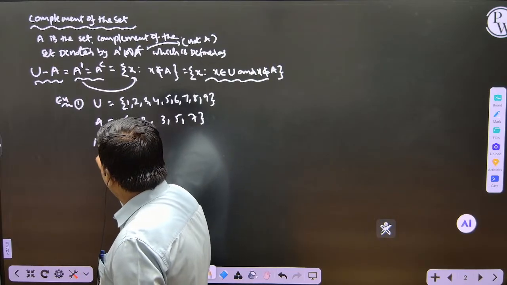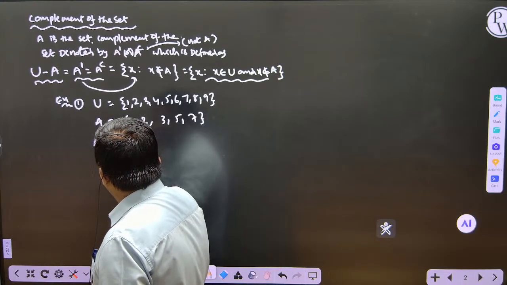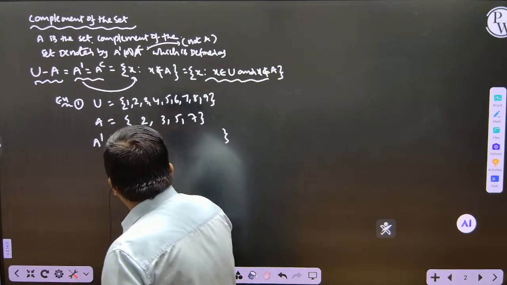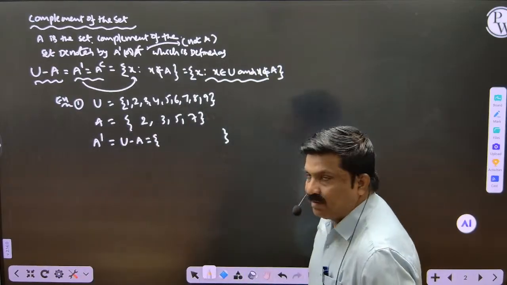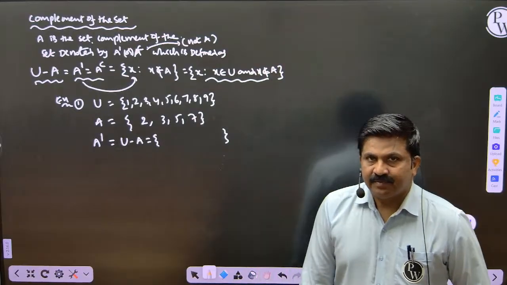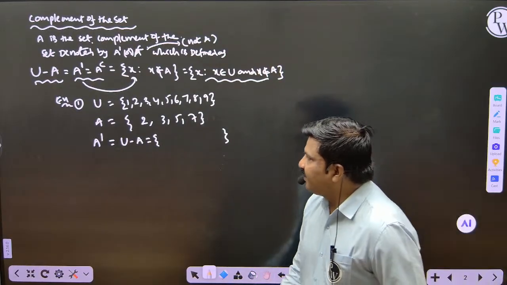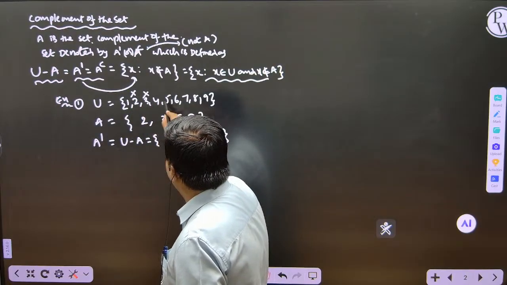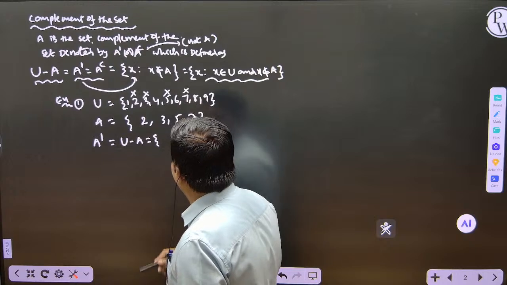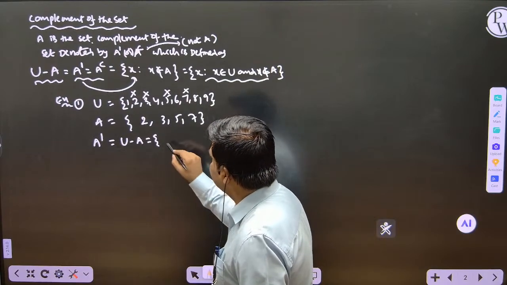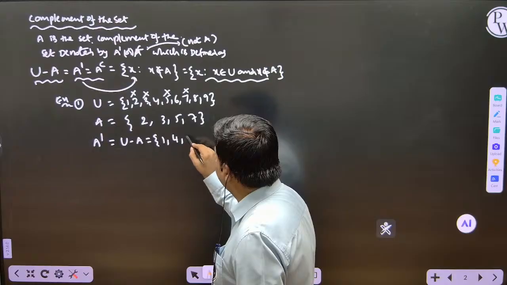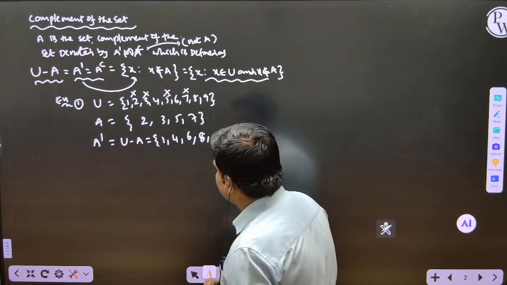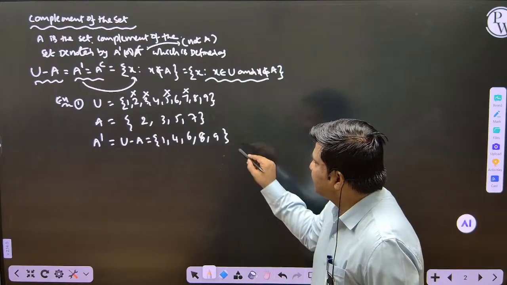A complement means from the universal set you delete the elements of A. What are the elements of A here? 2, 3, 5 and 7. So what remains? 1, 4, 6, 8 and 9. These are the A complement.